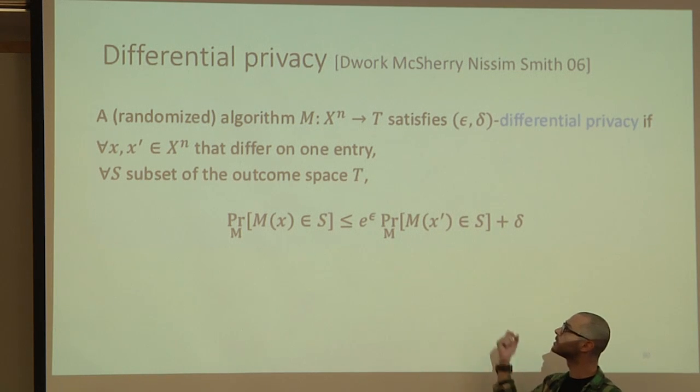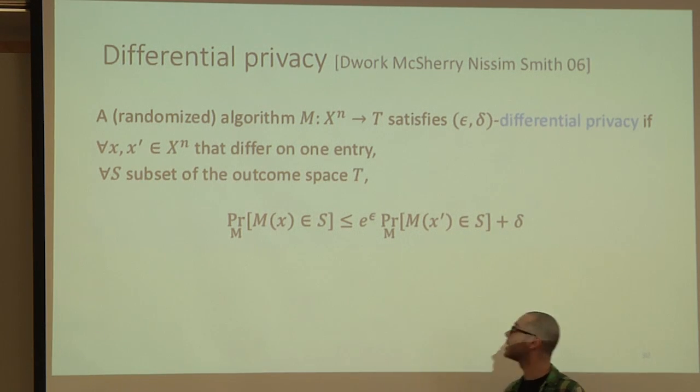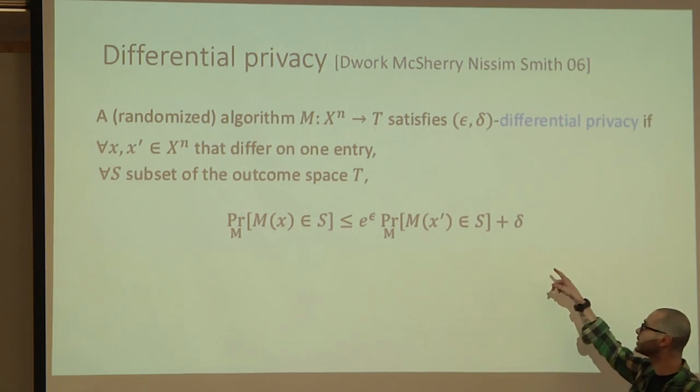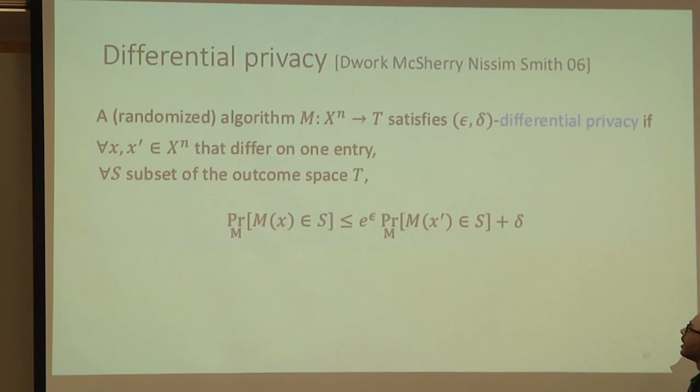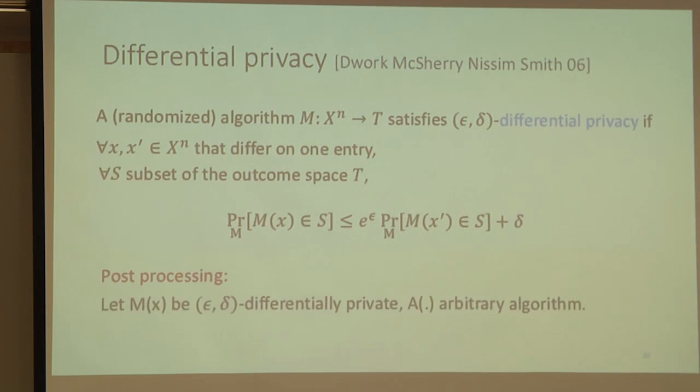These probabilities should be close enough, within a factor of epsilon and within a constant delta, which is considered to be really small. If delta is 0, we say that we satisfy exact differential privacy. If it's not 0, we say that we satisfy approximate differential privacy. And a nice property is that any algorithm that takes as input the output of this differentially private mechanism will also be (epsilon, delta) differentially private.